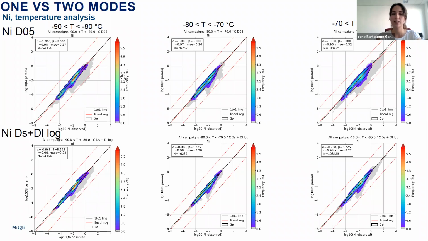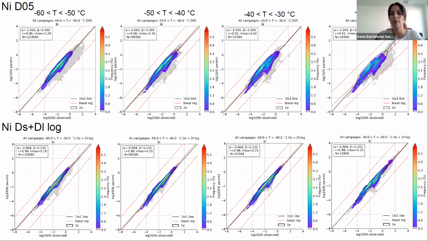What we see is that for the coldest temperatures, there's not much change between the parametrizations, which is similar to what we've already seen in the reconstructed PSDs, so no surprise. And the change comes again when we look at the warmer temperatures, especially the very warm -30, -20 degrees, where we see large deviation from the one-to-one line.